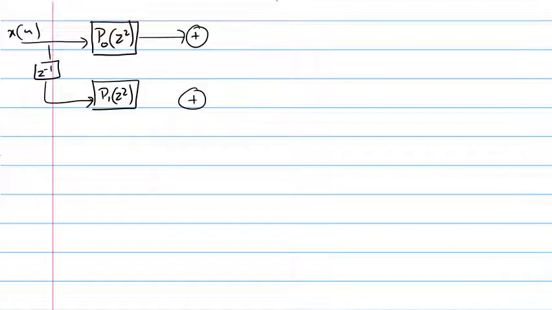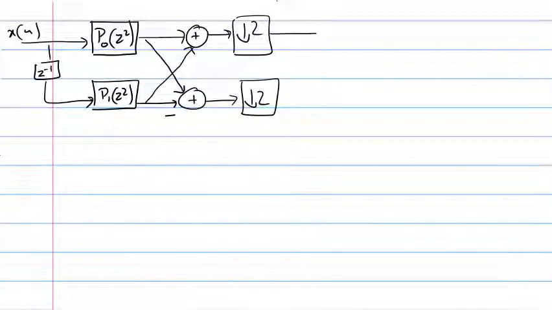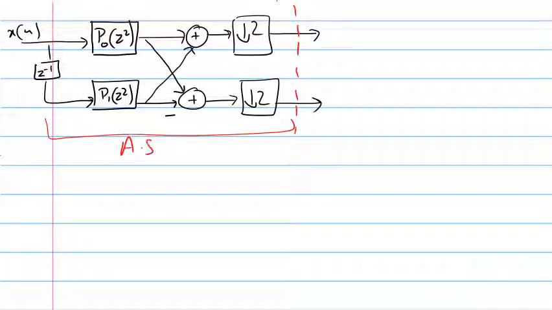That's the adder with a negative. Then we pass to our downsampler. This is what we'll be getting at the output of the analysis section. This part is the analysis section. Then I will sketch here the synthesis section.